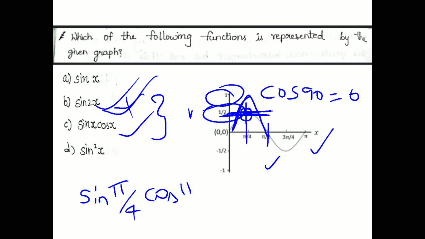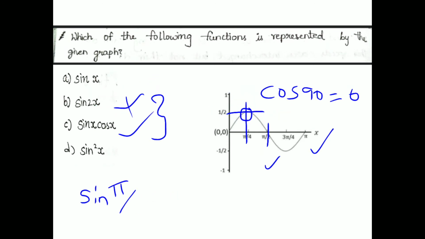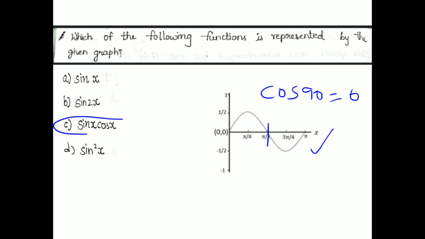We need to keep an eye on each and every piece of information. So this is the solution for this problem. The correct option is sin x into cos x after eliminating the others. So C is the answer for this question. Thank you.